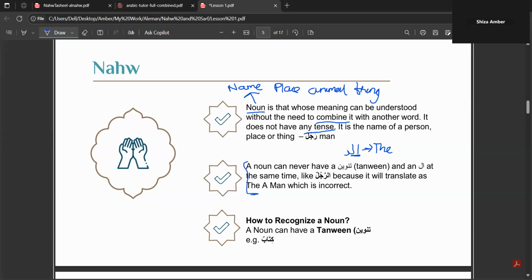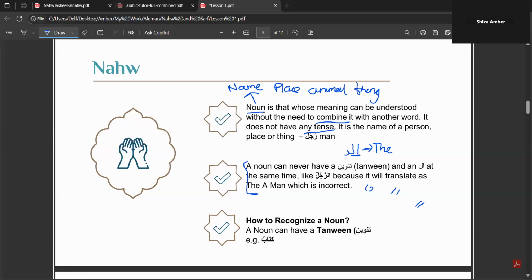Perfect. But when there's a word which has tanween, tanween is two dhamma, two kasra, or two fatha, right? You understand tanween? The endings have two dhamma, two fatha, or two kasra. So that is a tanween.